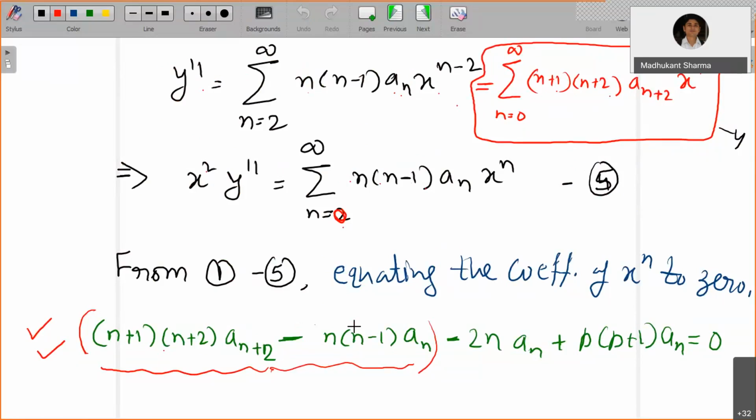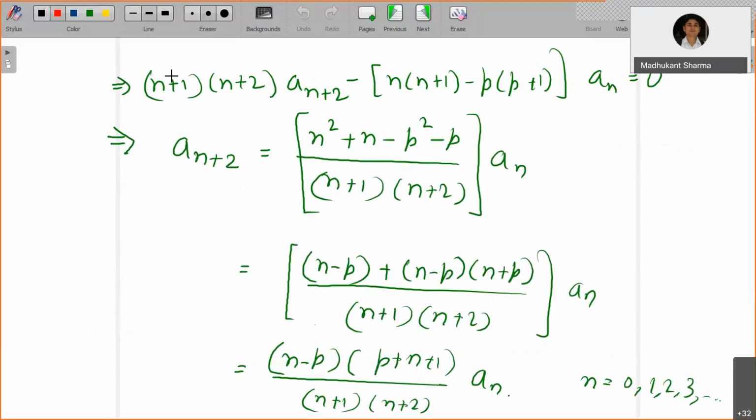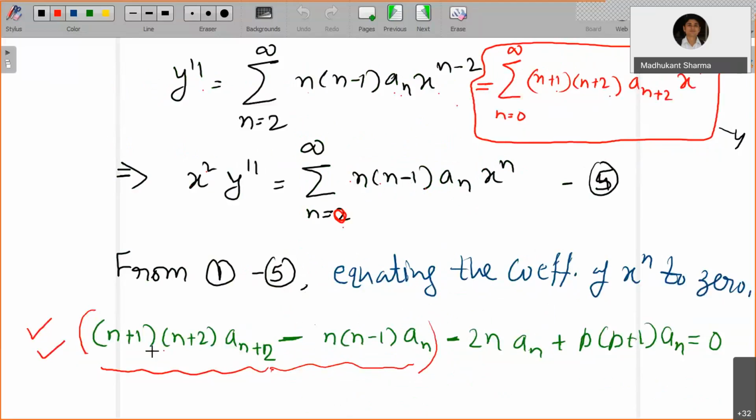Now you write down everything and simplify it. What you will get is the following. You have (n plus 1) times (n plus 2) times an plus 2. Now you take an out and you can simplify this coefficient: minus n times (n minus 1) minus 2n plus p times (p plus 1).